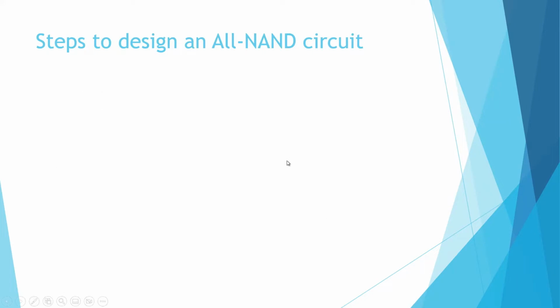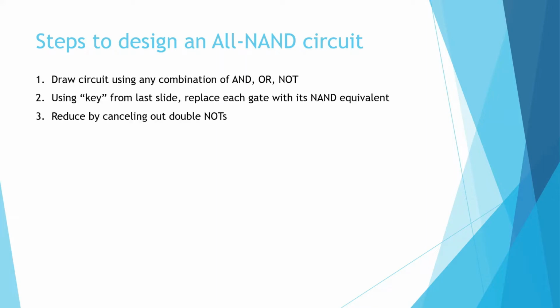The next thing I want to talk about is the steps to design a NAND circuit. First things first, you have to draw a circuit using any combination of AND, OR, or NOT from the output function. Next, you use the key from the last slide, the one that shows you how to make an AND or an OR gate with a NAND or a NOR gate, to replace those AND and OR gates with NAND equivalents.